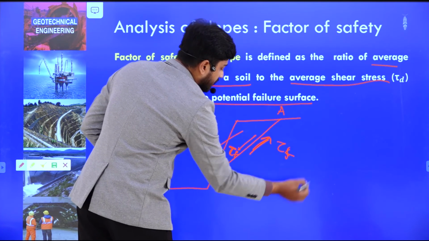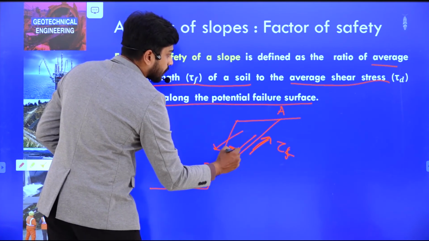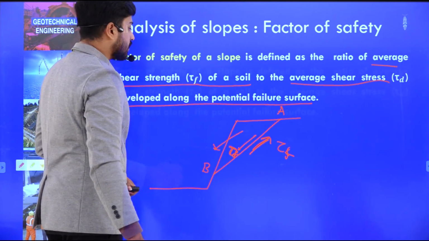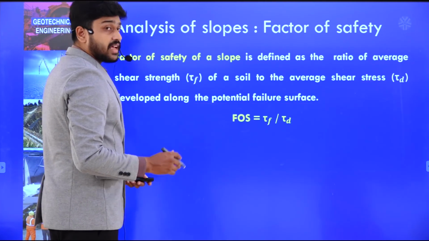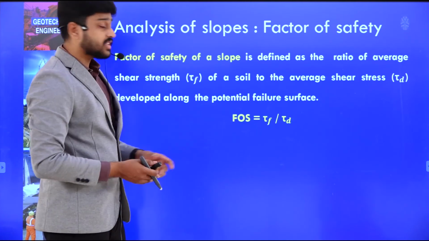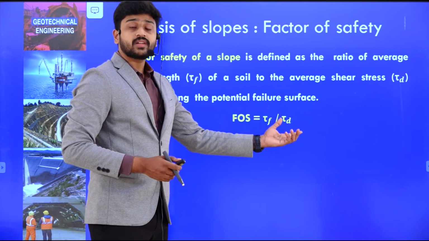So as I've stated, this factor of safety is now defined as tau f by tau d.